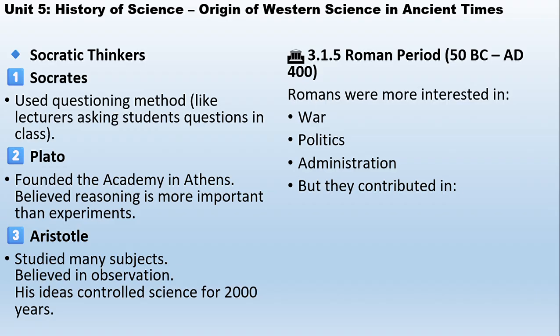They brought in reasoning. They were using their heads, not just guessing. They were making it logical, adding reasoning to whatever they propounded. For example, Plato believed that reasoning is more important than experiment. So that is the Socratic thinking.